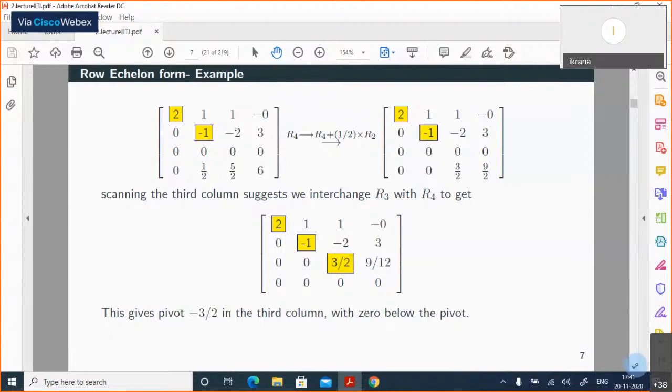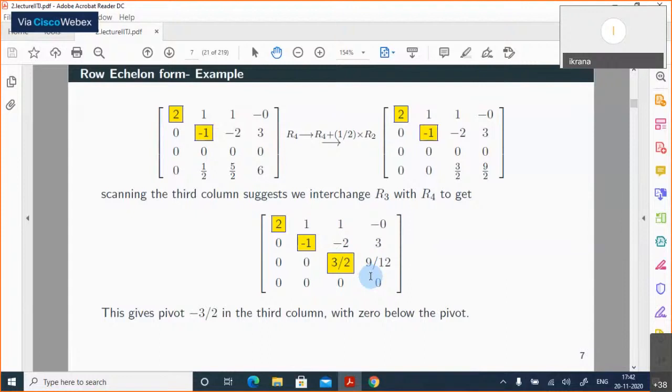Let me just indicate here. For example, if I do one more row operation, I can multiply the last row by 2. So this will become 3, and this will become 9 by 6. That new matrix also will be in a row echelon form, because we have obtained it by a row operation.